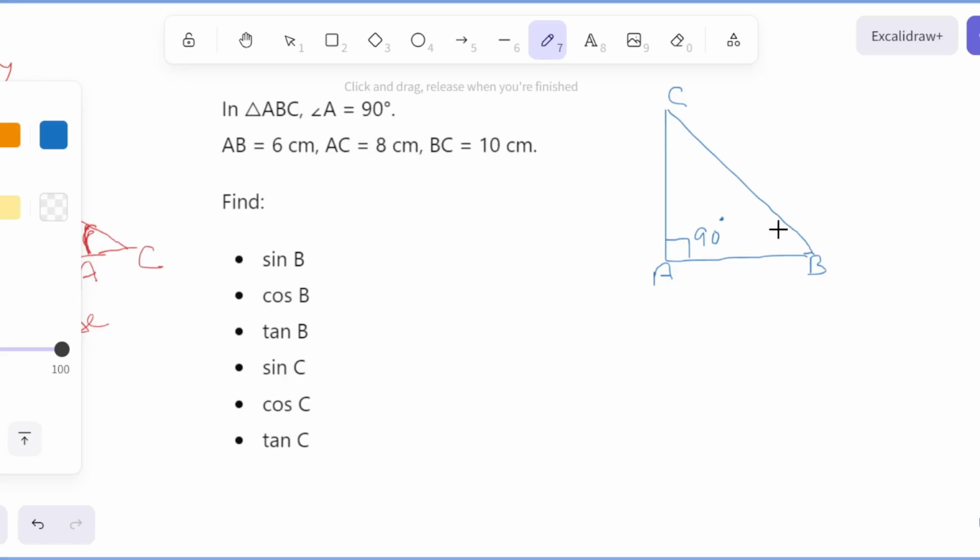AB is 6, AC is 8, and BC is 10. Now they are saying find sine B, cos B, and tan B.